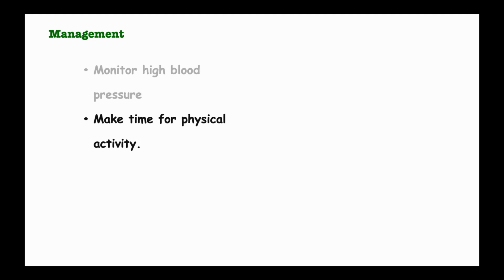They must eat healthy foods by avoiding saturated fat and salty foods, eat more fruits and vegetables, and avoid alcohol intake. They must also quit smoking, because as we learned earlier, smoking is an independent risk factor for not only hypertension but a lot of diseases in our body.